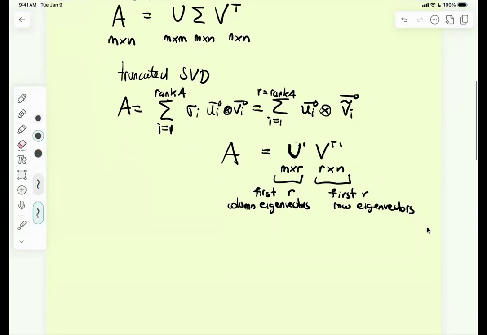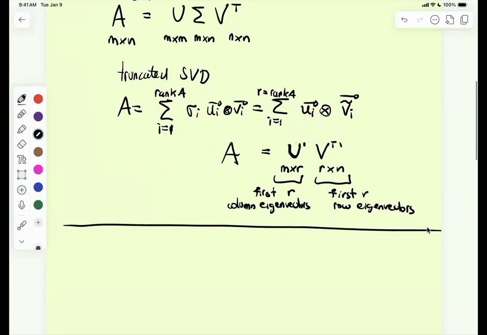So I'll do the tensor train decomposition, and then I'll say some general remarks.